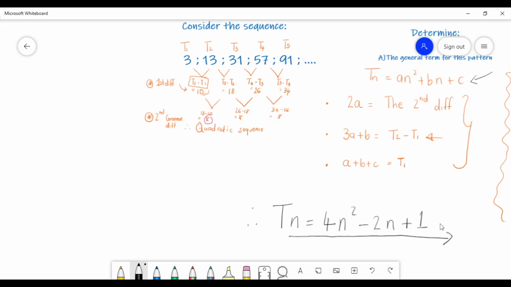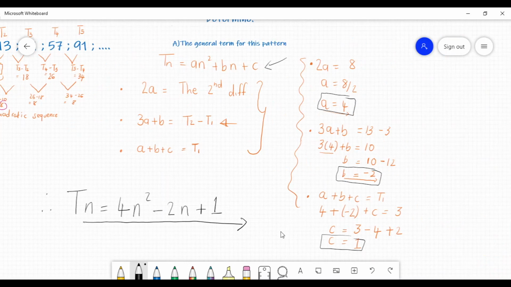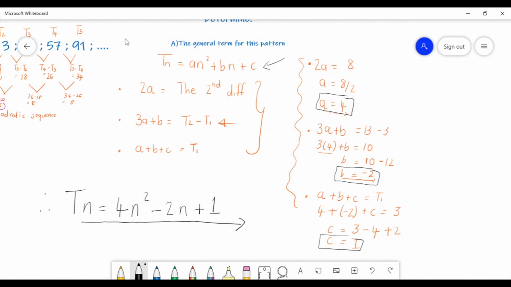And then, to be able to answer our questions, there are three very important equations that we need to memorize. Okay, actually four. But this one is easy because we already know the standard form of a quadratic equation, which is Tn is equal to an squared plus bn plus c.